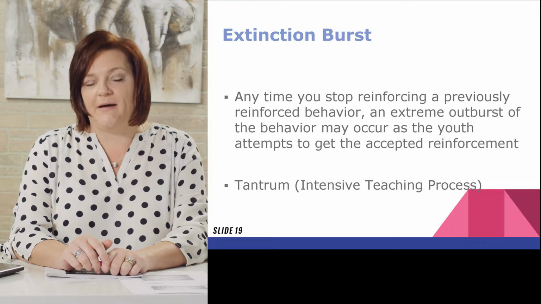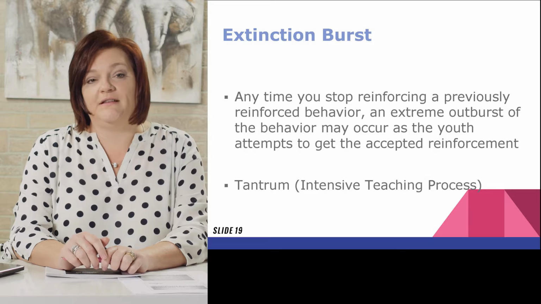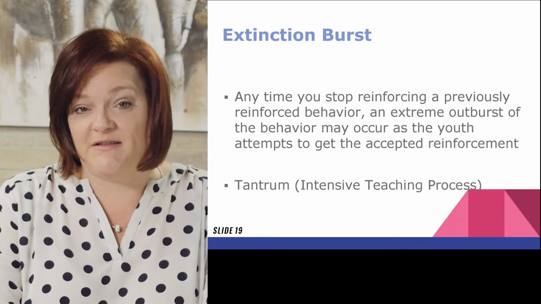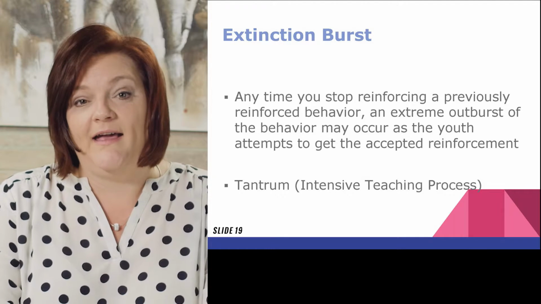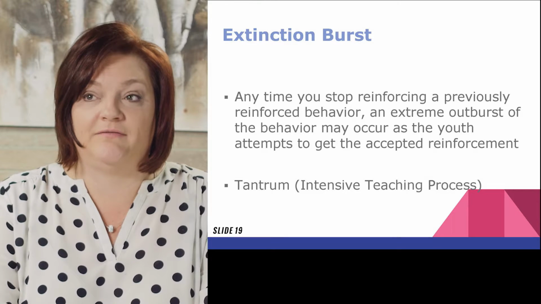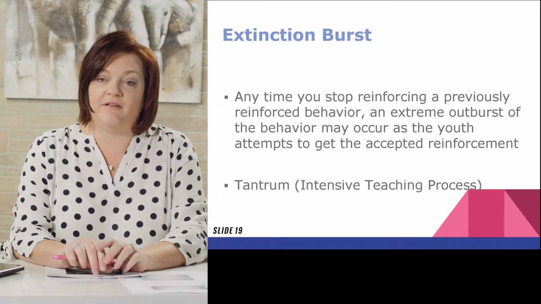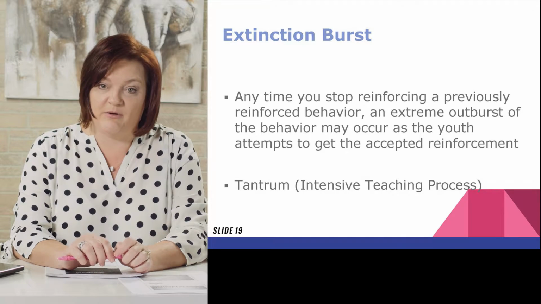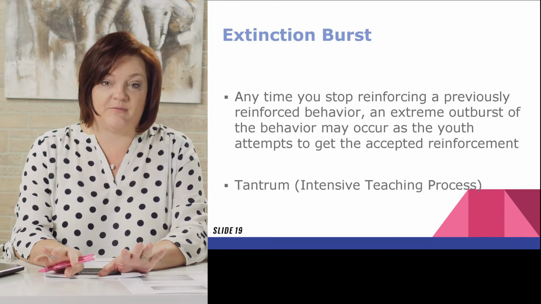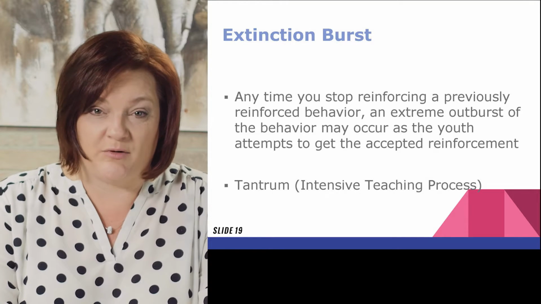So an extinction burst happens when you have been reinforcing a behavior and then you either stop reinforcing the behavior or you change your expectations about the child's behavior in some way. And we all like to live in a state of normalcy or status quo. So when their environment changes, that often makes kids really uncomfortable, and they'll engage in a tantrum, what we might call a tantruming behavior, or periods where they aren't responding the way that they normally do.